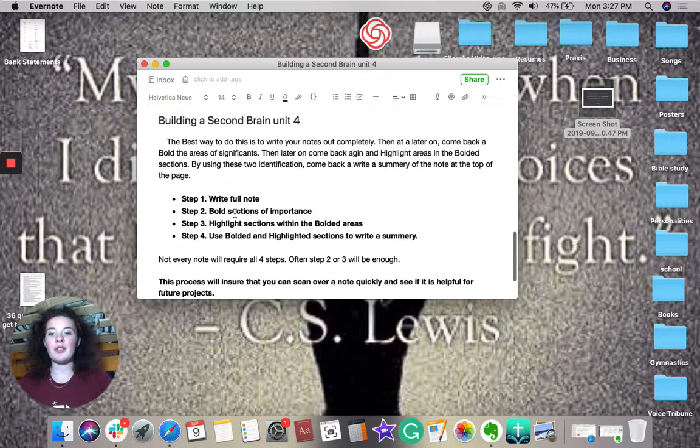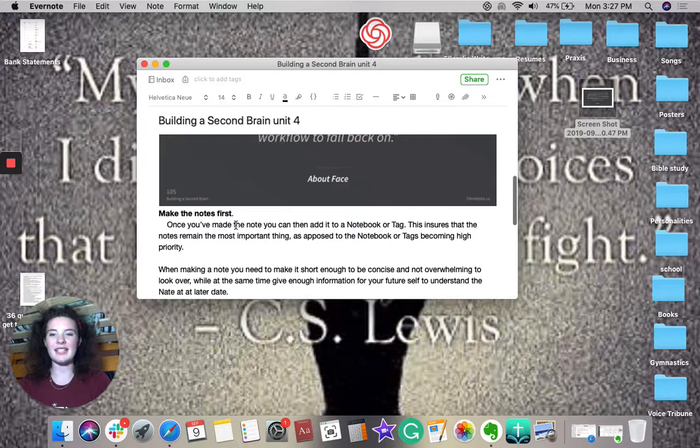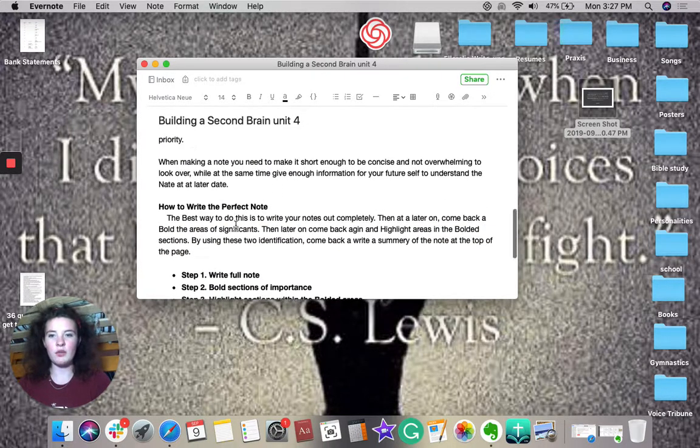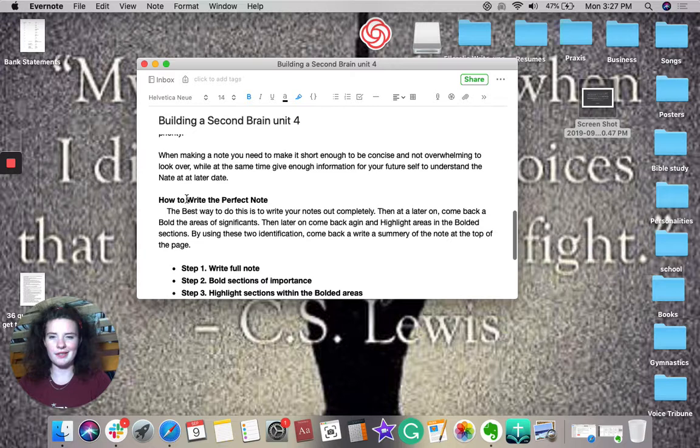Now, step 3 is going to be highlighting the areas that are bolded. So I'm going to come through here and I'm going to see the most important areas of the bolded areas, which are going to be my headlines for this certain note. I'm going to just highlight that.